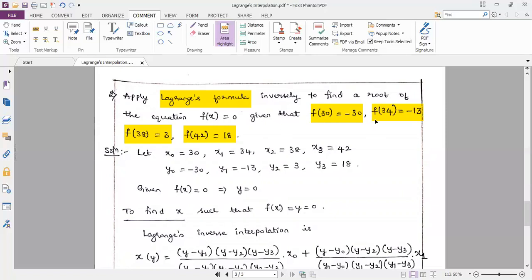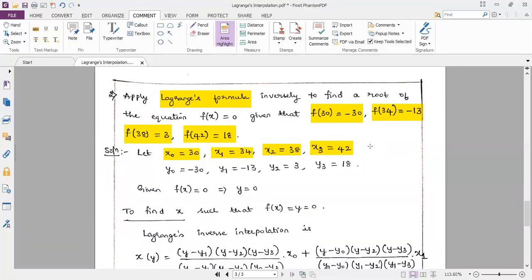Now each of these expressions is in the form f of x is equal to y. So we have x values within these brackets.